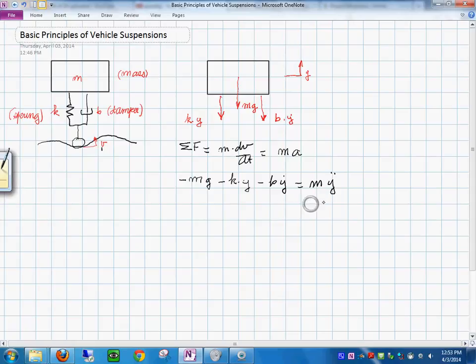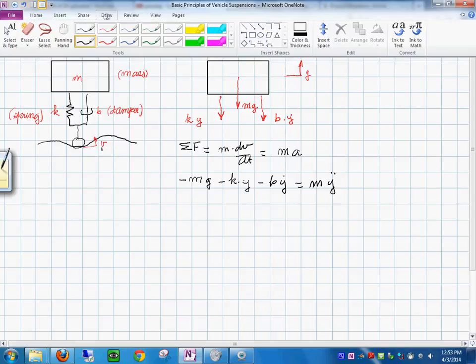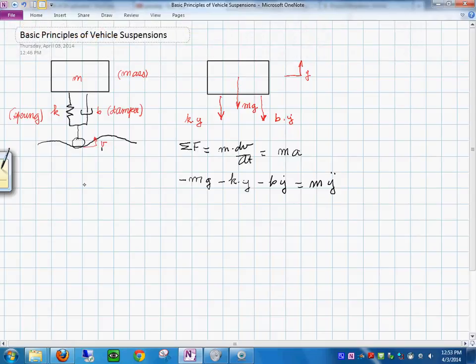So this is the system differential equation, the suspension system differential equation. In other words, what is the value of y at every instant of time?